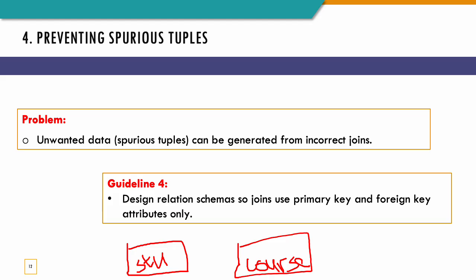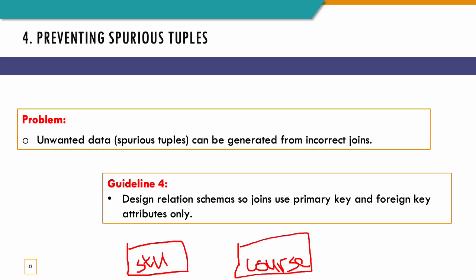Okay, so let's say you want to join these two tables to see which student is in which course. You might accidentally join them incorrectly, leading to spurious data, like the same student showing up multiple times for a course, or a student being linked to the wrong courses, right? This is what is called spurious data.